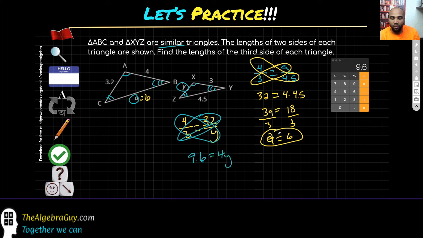I need to find out what y equals by dividing by 4, and that's 2.4. So did we answer our question? Find the lengths of the third side of each triangle. Yeah, we got the third side here and the third side here, 6 and 2.4.